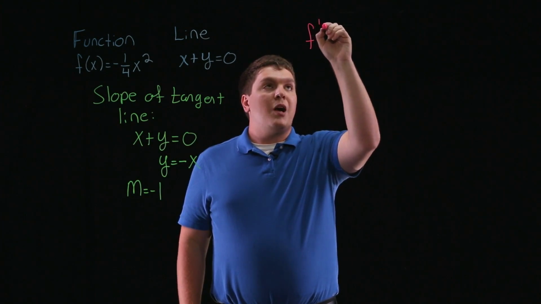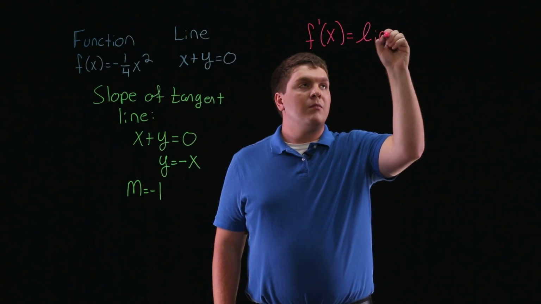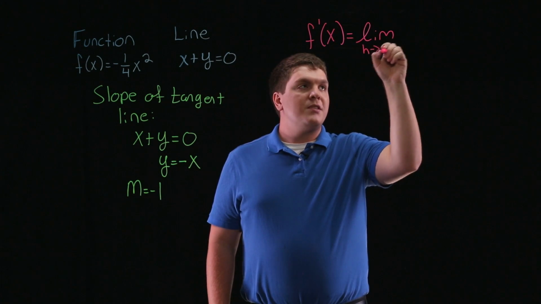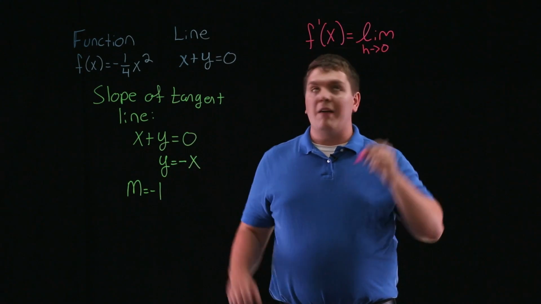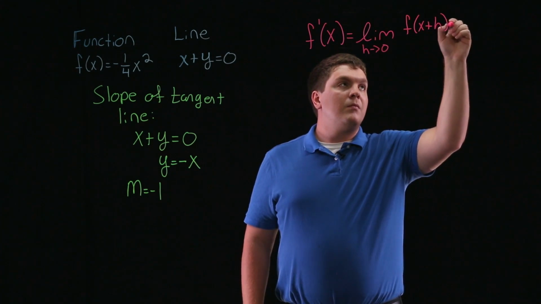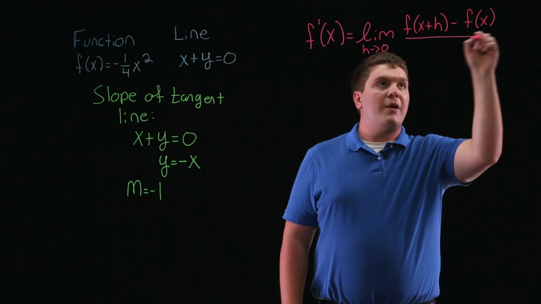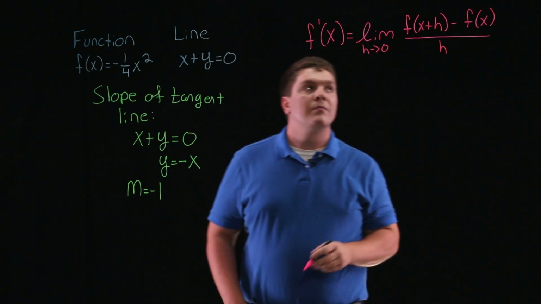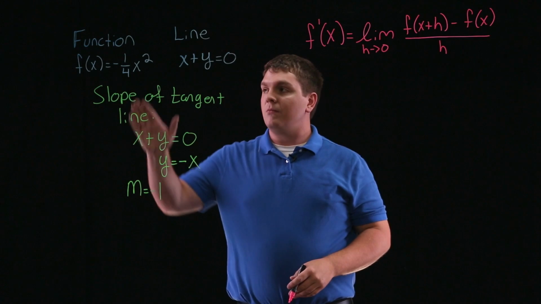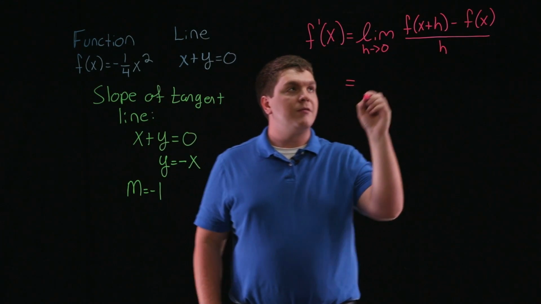So recall f prime of x is equal to the limit as h approaches 0 of f of x plus h minus f of x, all divided by h. Now we can substitute x plus h and x into this equation to find our derivative.